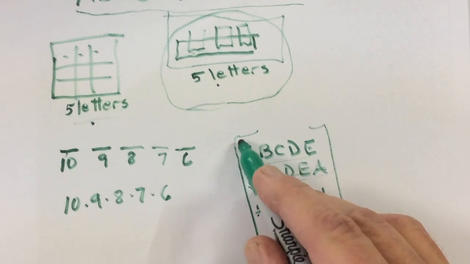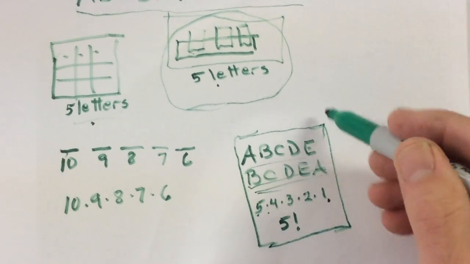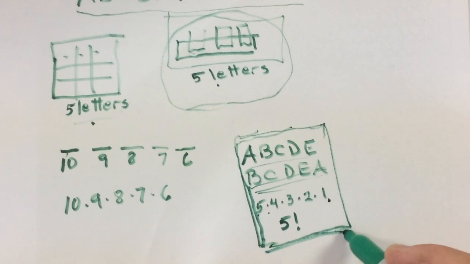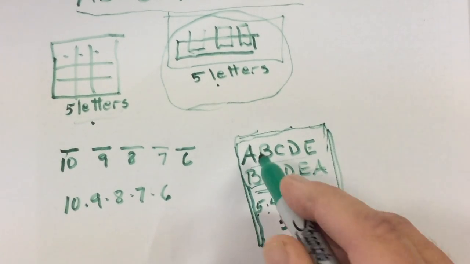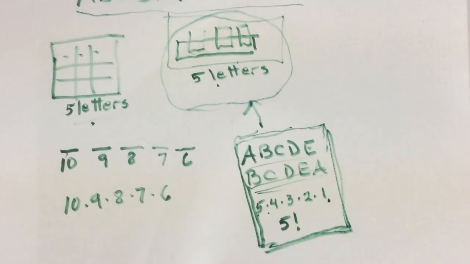For every 5 factorial ways that I can arrange a set of letters, for the purposes of picking it out of the box, it only counts as 1. That's an overcounting. Right?